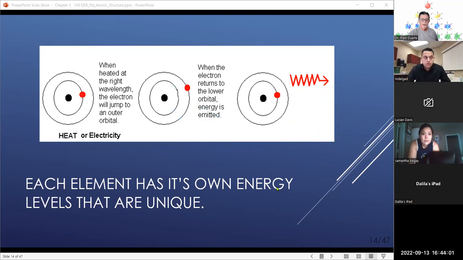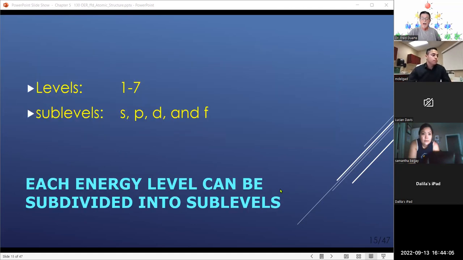So each element has its own energy levels and very unique. Now, there are 7 energy levels as per our periodic table. Now, within the energy level, it's been shown mathematically. This is the realm of what we call quantum mechanics. I don't know if you've ever heard of that term before, but quantum mechanics is a lot of mathematical based, a lot of heavy duty, high caliber math.